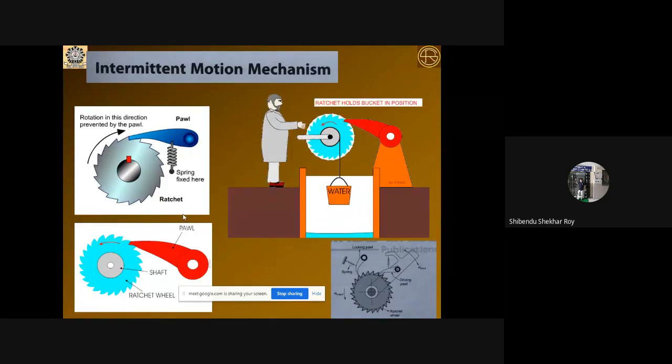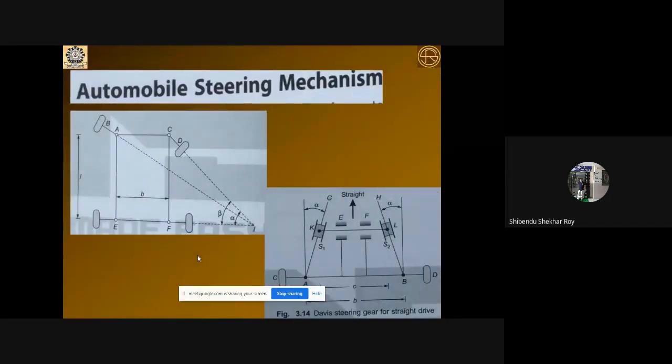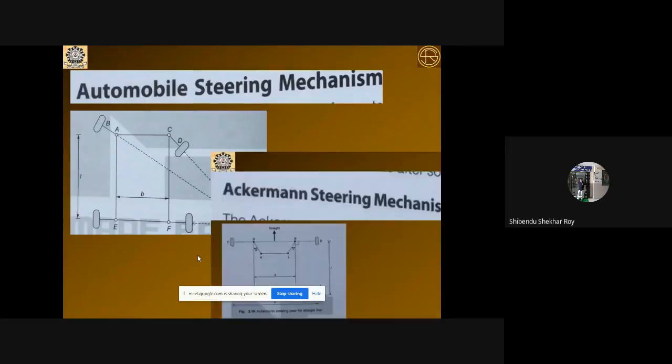I just give the initial idea of how intermittent motion is helpful in some cases. Please go through different YouTube videos of the ratchet and pawl mechanism. There is also the automobile steering mechanism that I will tell you.